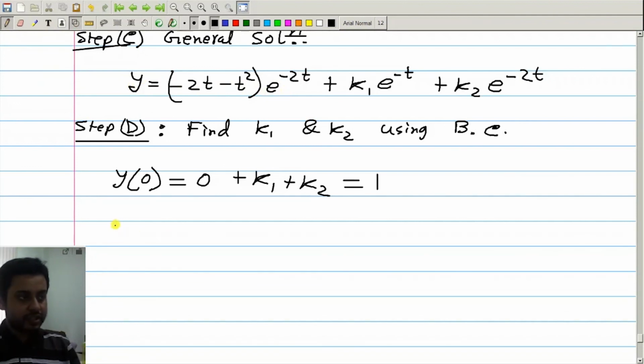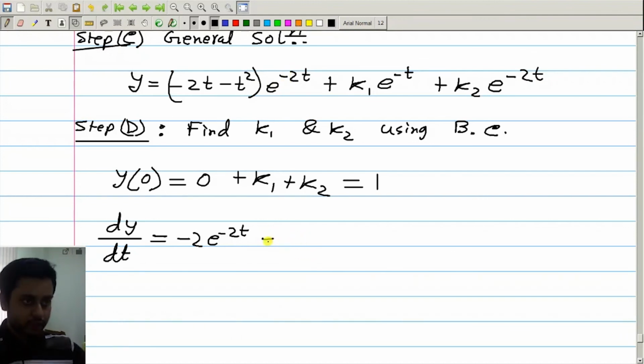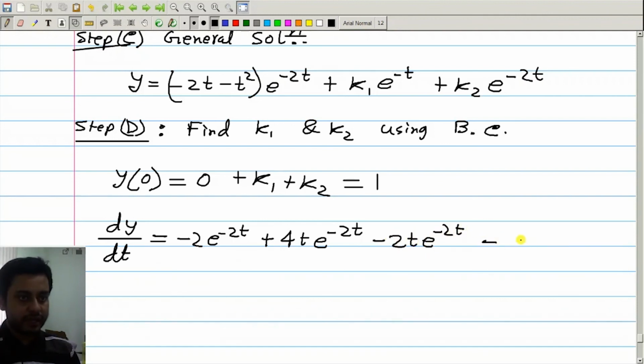If we differentiate this equation, we shall get from here minus 2e to the power minus 2t, then minus 2 in t into minus 2, so that will become plus 4t e to the power minus 2t, then minus 2t e to the power minus 2t, then minus t square e to the power minus 2t multiplied by minus 2. This is what we get from the first term.